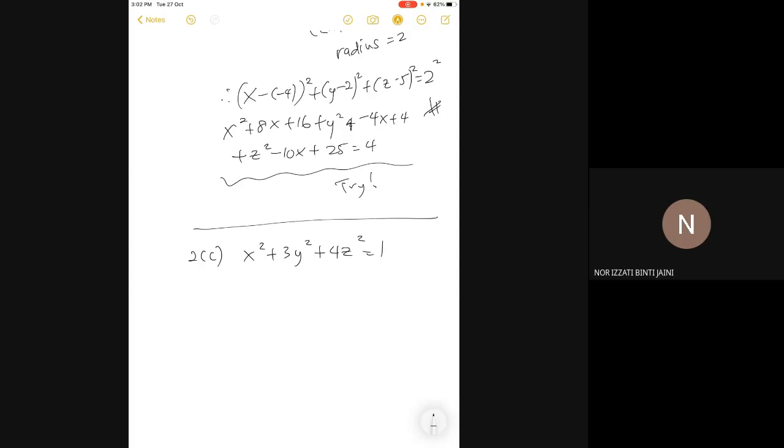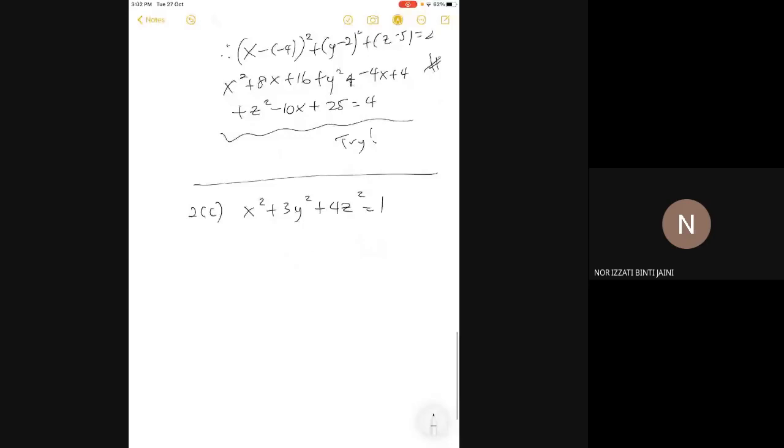So dia akan jadi ellipse lah ni. Dia kalau x kuasa 2, y kuasa 2, z kuasa 2 ni ada dua saja. Either it becomes sphere atau it becomes ellipsoid. Ellipsoid ni you kena tengok radius dia. Different radius. Okay, sphere must be all have a same radius.